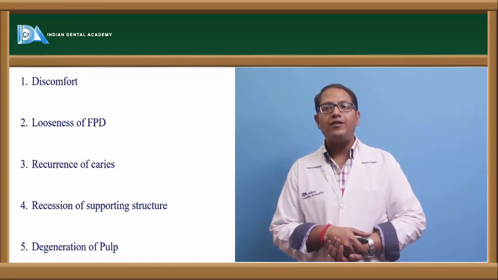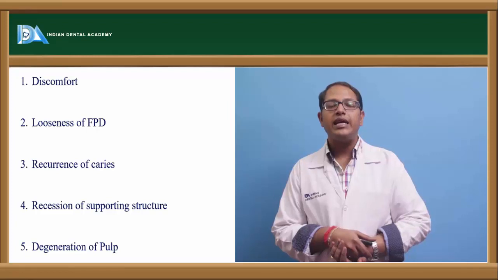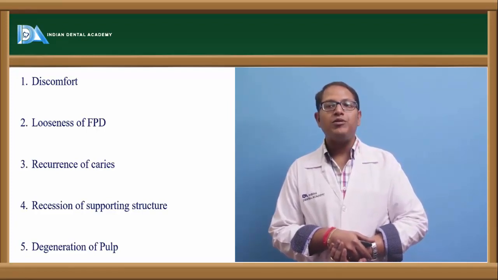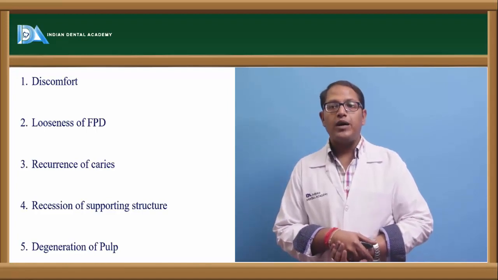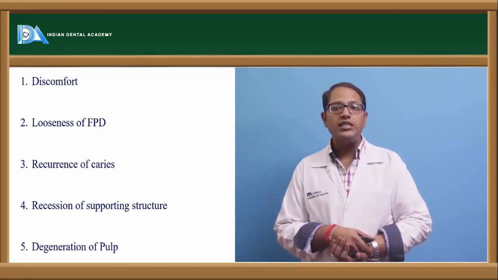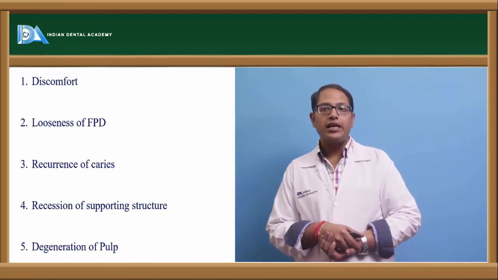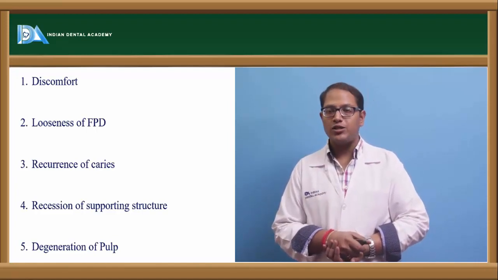Pontic form that fills up the embrasure space. Poor oral hygiene maintained by the patient. Use of a wrong type of retainer which will promote caries susceptibility, or permanent displacement of the gingiva due to temporary protection can also cause recurrence of caries.